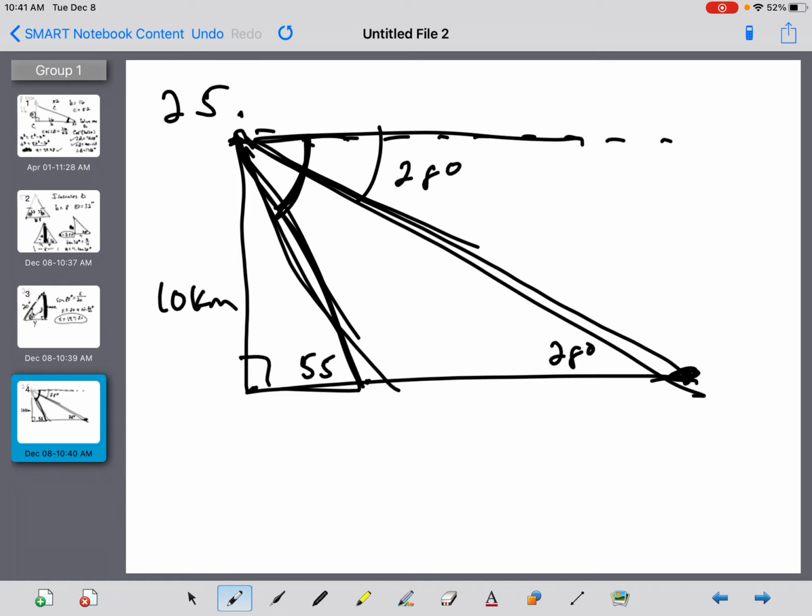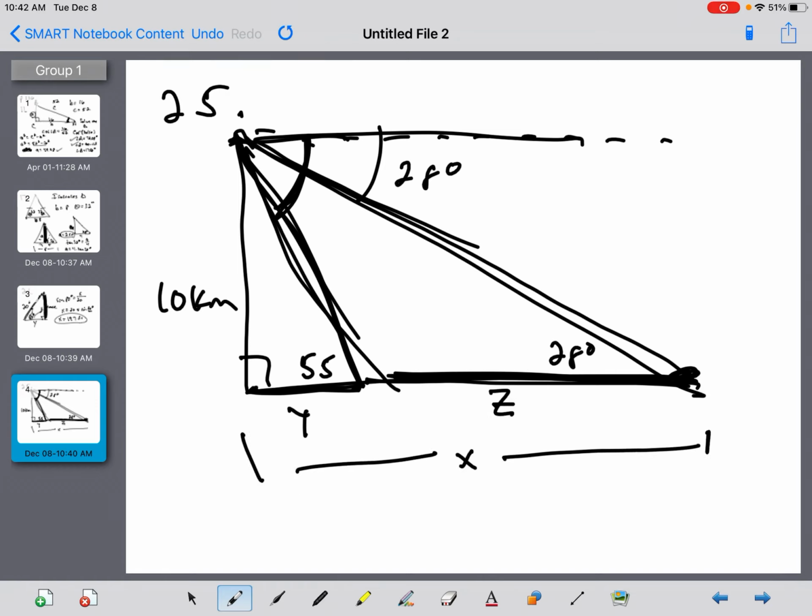So I'm going to put letter Y in for this right here. And this distance right here, which is what I want to find at the end, I'll call that Z. And then this distance right here, I'll call X. Okay, so don't we have two right triangles, the little one over here and the big one here?